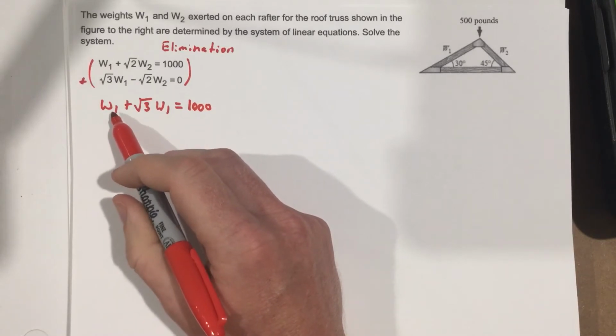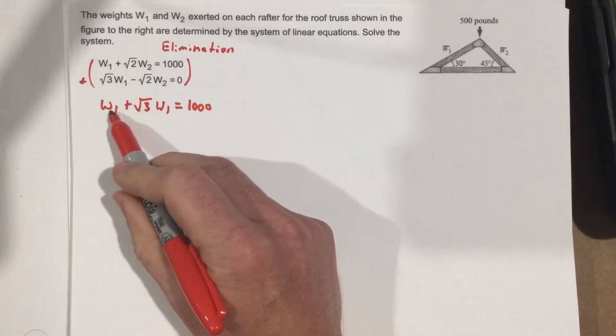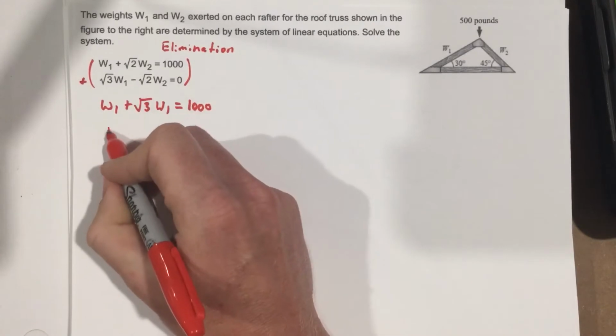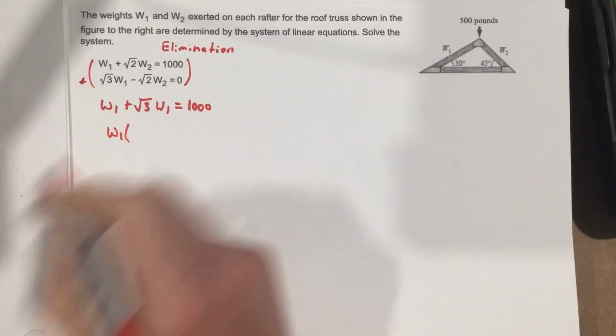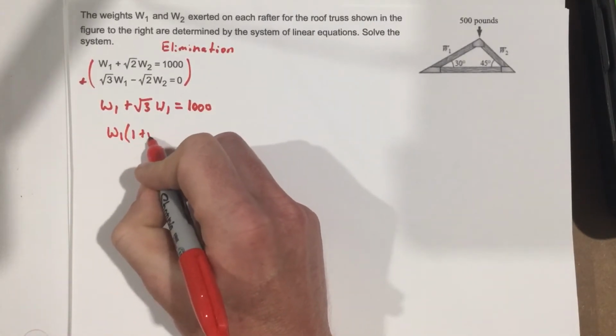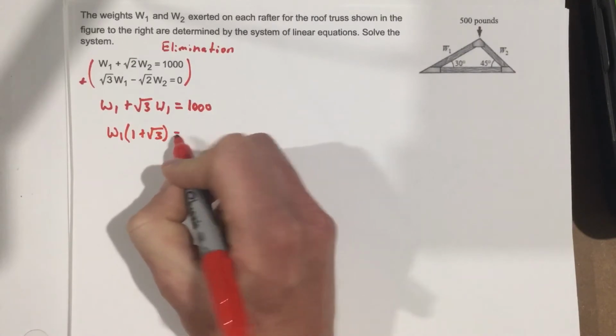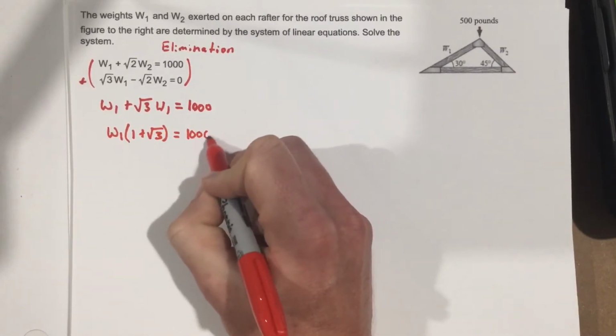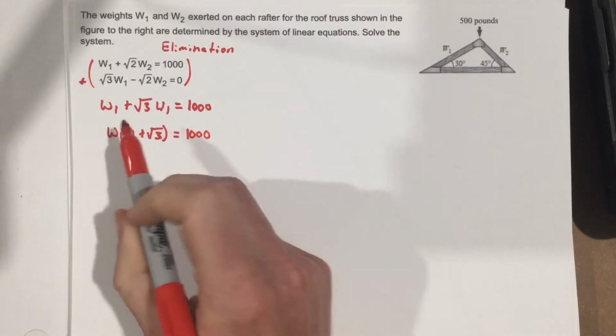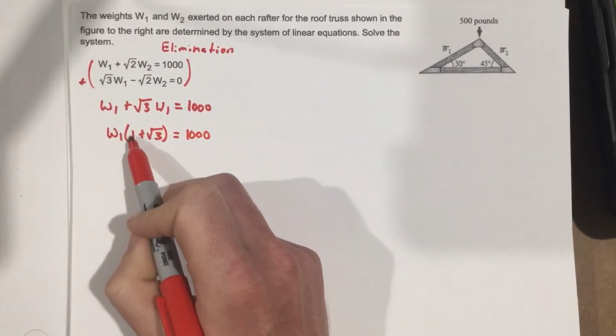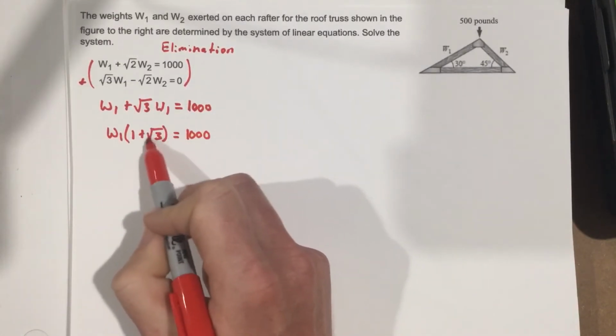So I'm going to factor out W1 from each term. So that's W1 outside, this is 1 plus root 3 equals 1,000. When I factor out of the first term, I'm left with a 1 there. When I factor out of this term, I'm left with root 3.